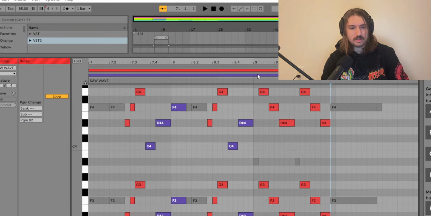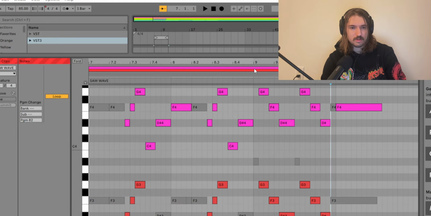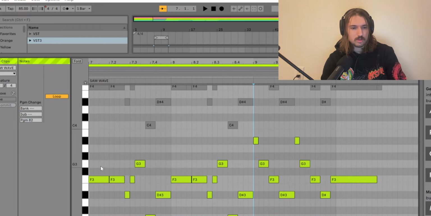Then we have the same idea used again with the purple notes, 3 notes going up. Then here are the blue notes. We see how it's the same idea used over and over again with some variation. So that's really just using 2 musical ideas.